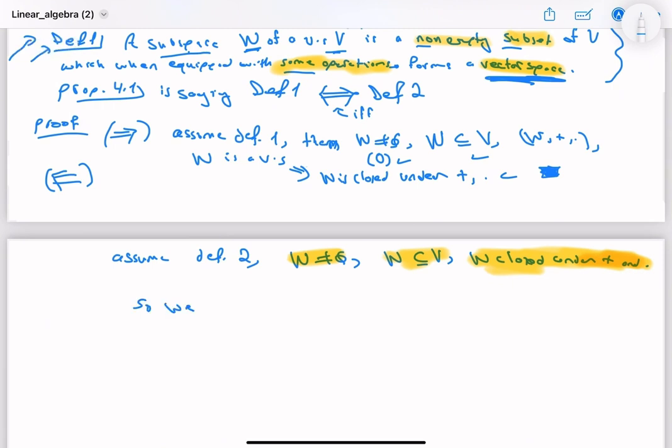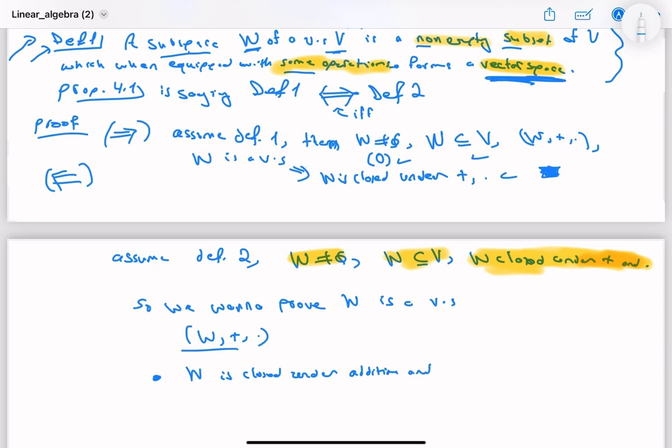We want to prove omega is a vector space. Now omega is equipped with the same operations. Okay? So this is what we're talking about. Well, first off, omega is closed under addition and scalar multiplication.